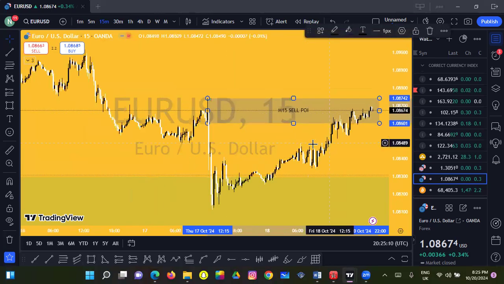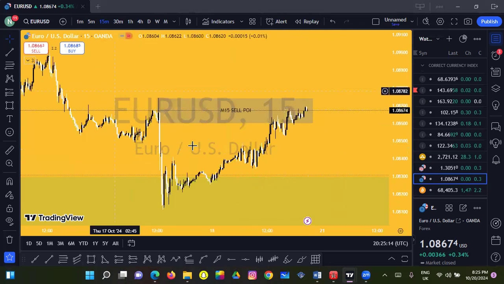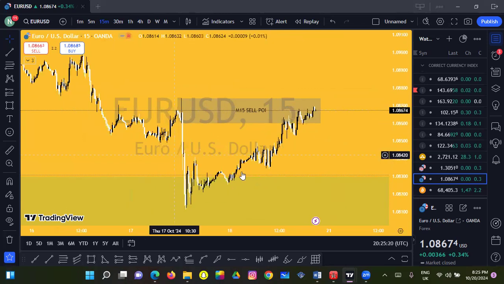So I think from this side we can be expecting some confirmations, and then if confirmation plays out, we enter the sells and target at least this low as our main target.